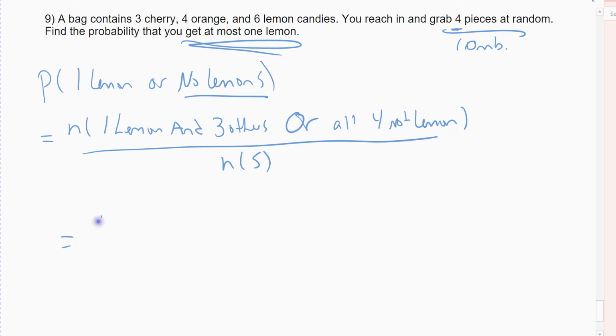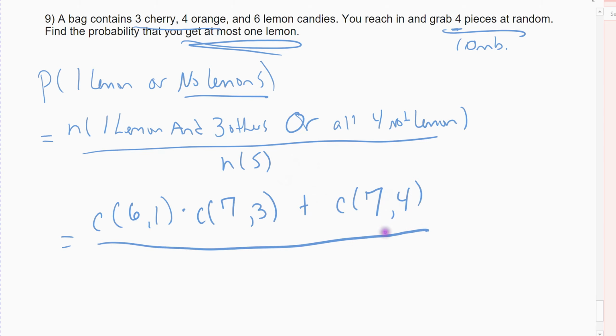And so then you fill it out. Combinations: I'm going to pick 1 of the 6 lemons times 3 of the others. Well, how many others are there? There are 3 cherries and 4 grapes, so we're going to pick 3 of the 7 others. Or, so you add, we're going to pick 4 of the 7 others. There's my event, all over my universal set, which has 13 choices, and I'm going to pick 4 of them.